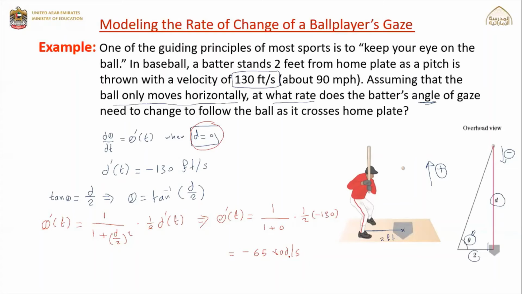Some students ask, can I use 90 miles per hour here? No, you cannot use it. You must change it to the unit foot per second. So if you want to find the derivative of theta in the unit radian per second, you must use the velocity as foot per second. This is miles per hour, sorry, 90 miles per hour.